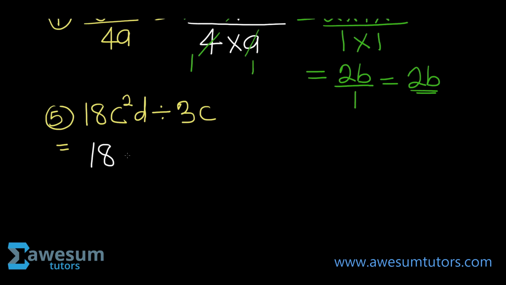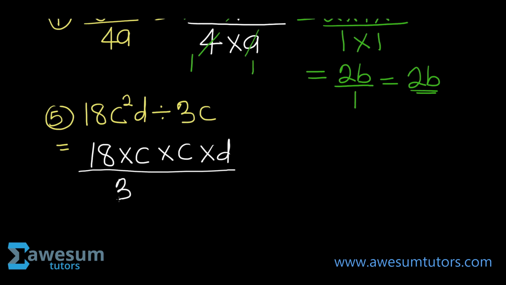So that is going to be c times c. So I have 18 times c times c, and then times d. I hope you understand that part. C squared means c times c, over, that's divided by 3c, that's 3 times c. Very good, guys, very good.